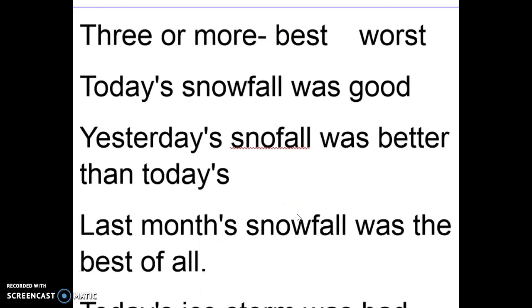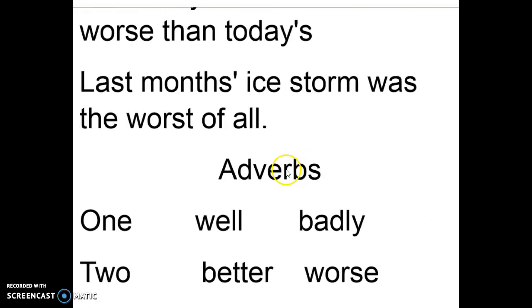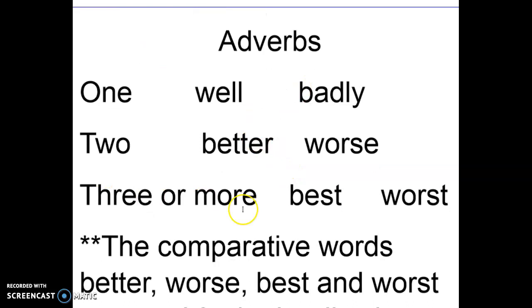And I did this down here. Oops, found a misspelling. And then adverbs are right here on my smartboard. For comparing one verb, you're going to say well. If you're comparing 2, you'll say better. And if you're comparing 3 or more, you will say best. If you're going to compare things in the negative, you'll say badly, then worse, and worst.